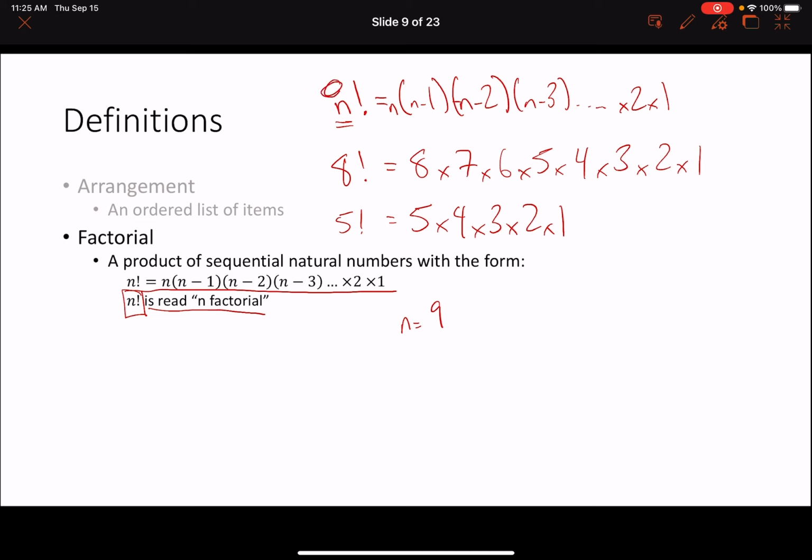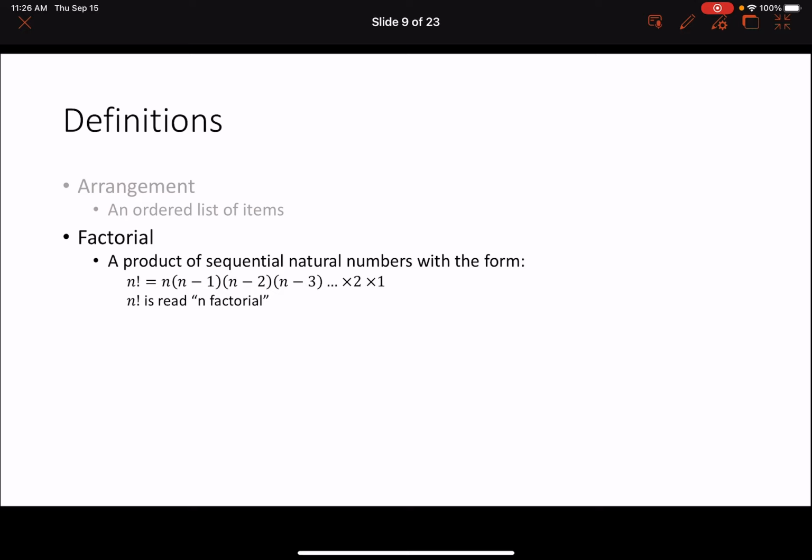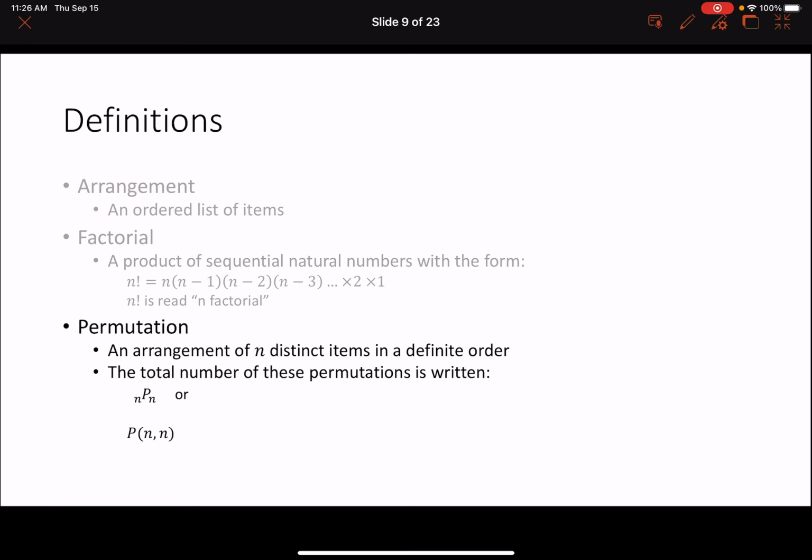So we can write 9 factorial is equal to 9. What's n minus 1? 9 minus 1 is 8. n minus 2 is 7, times 6 all the way to 2 and 1. Hope that makes some sense and it wasn't too messy. Okay? So that's what that means.